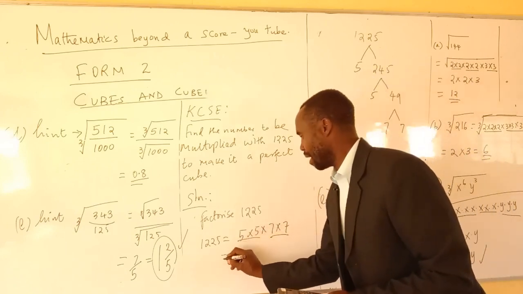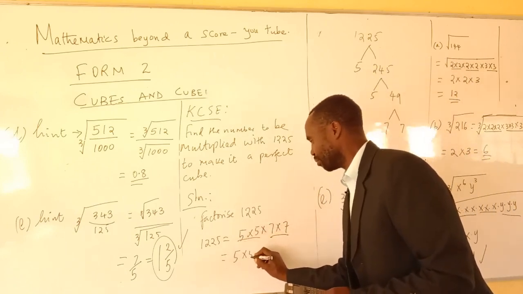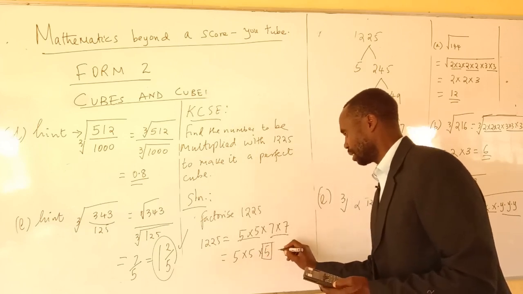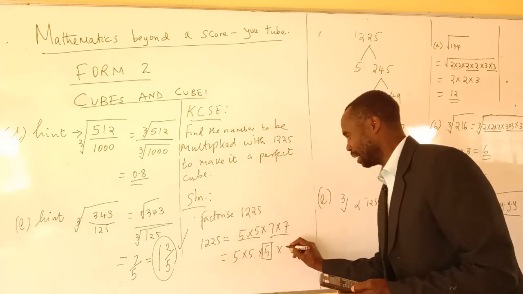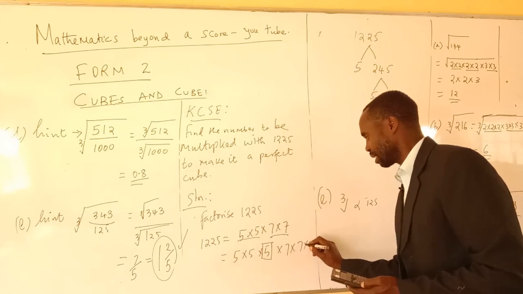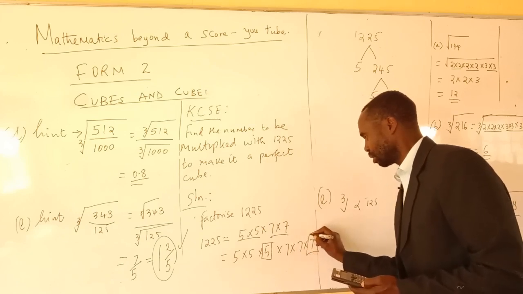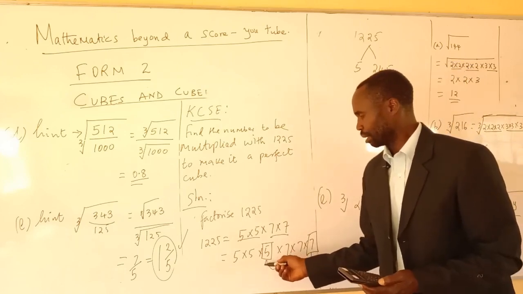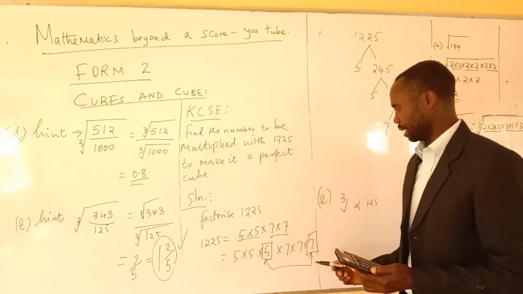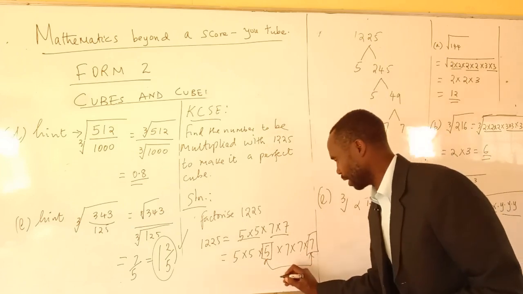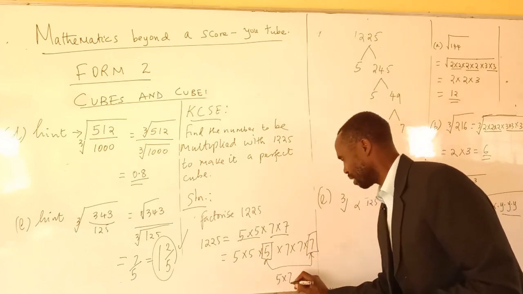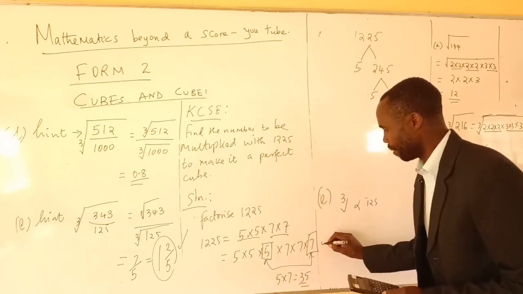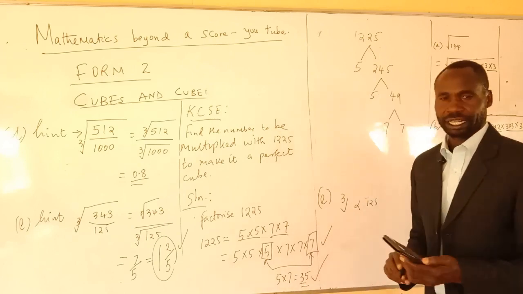So you will have 5 times 5 times 5, and 7 times 7 times 7. So the number you will multiply with to make it a perfect cube is 5 times 7, which is 35. So you will score a mark here and another mark there.